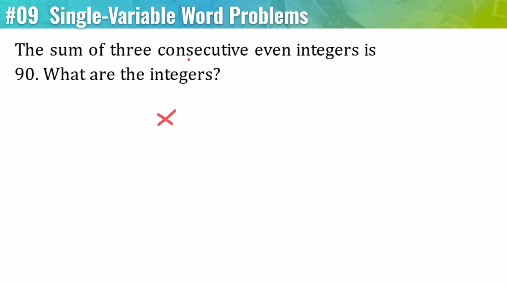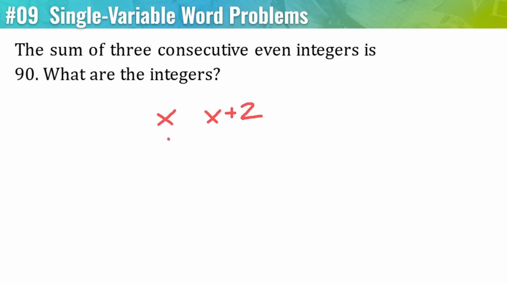So when we say consecutive even, they have to be next to each other with a difference of 2. For example, 2, 4, 6, 8, 10. Those are consecutive even integers. So from that pattern, we can have x, x plus 2, and x plus 4. But an important thing in representation is we have to make it as simple as possible.